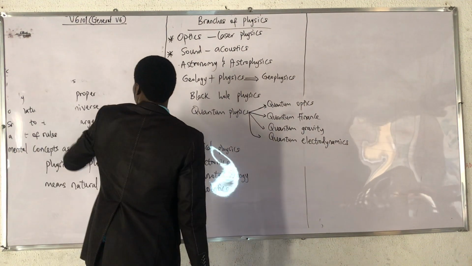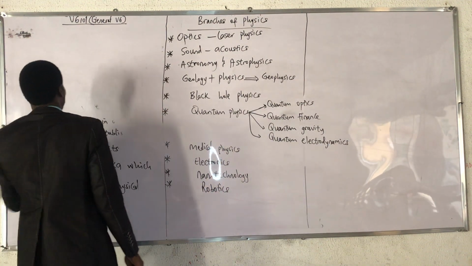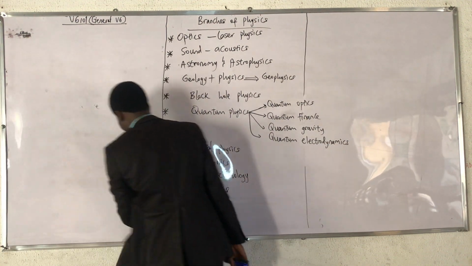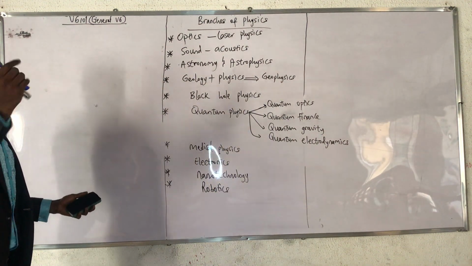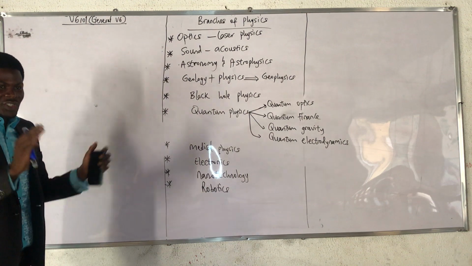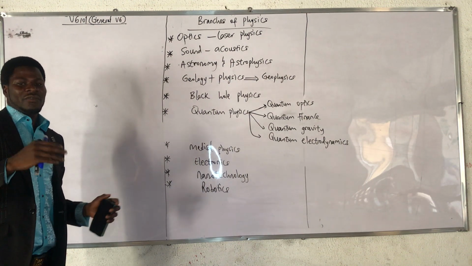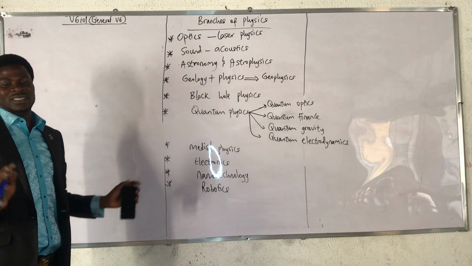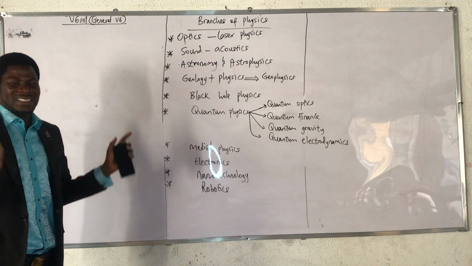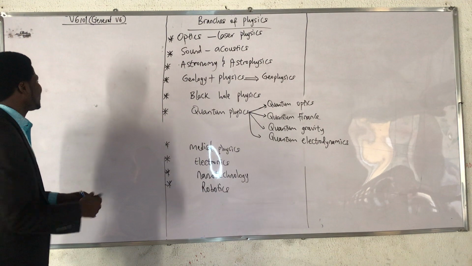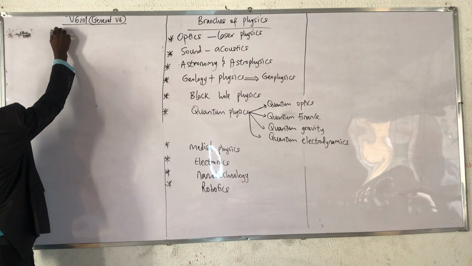The first topic, even in your O level, they taught you then about physical quantities. When we talk about fundamental quantities and derived quantities, from there we move to unit and measurement. That's the beginning. That's the major thing we study in physics: physical quantities.